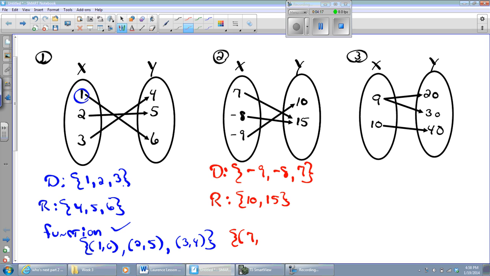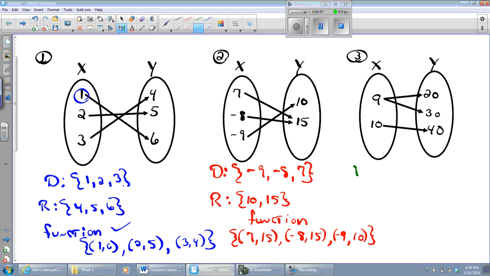I have 7, 15, -8, 15, and -9, 10. Does any one member of the domain go to more than one member of the range? No. 7 only goes to 15. -8 only goes to 15. -9 only goes to 10. This is a function. Yes, it is, ladies and gentlemen.